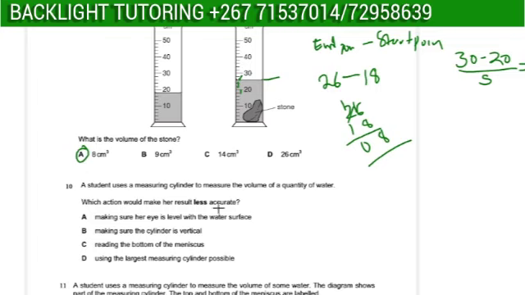For number 10, a student used a measuring cylinder to measure the volume of a quantity of water. Which action will make the result less accurate? Look at the words less accurate. Making sure the eye level is level with the water surface is good.